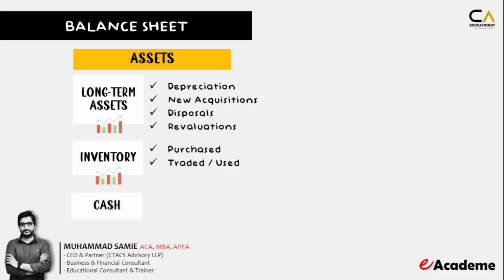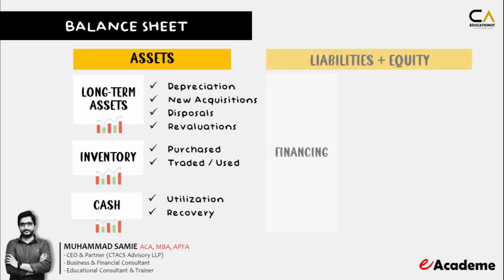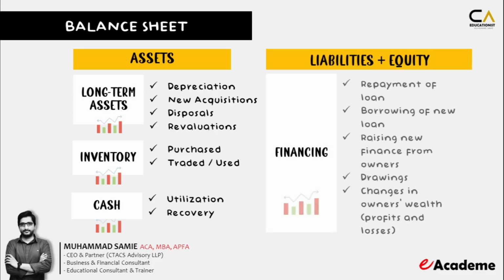Level of cash at bank and cash in hand is also subjected to constant variation based on utilization and cash collection from customers. Likewise, the financing side undergoes changes from time to time, including repayment of loan, borrowing of new loan, raising new finance from owners, drawings by the owners, and increase or decrease in owners' wealth caused by profits or losses respectively.